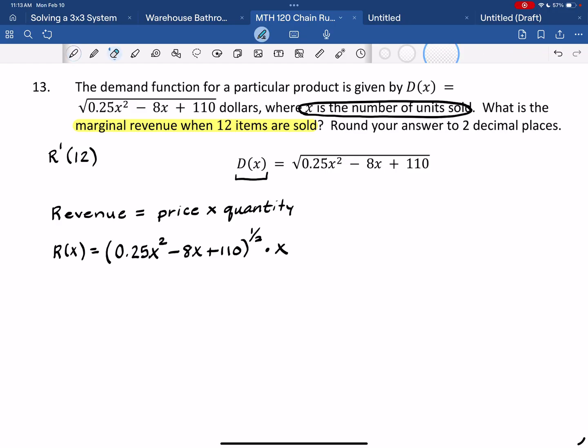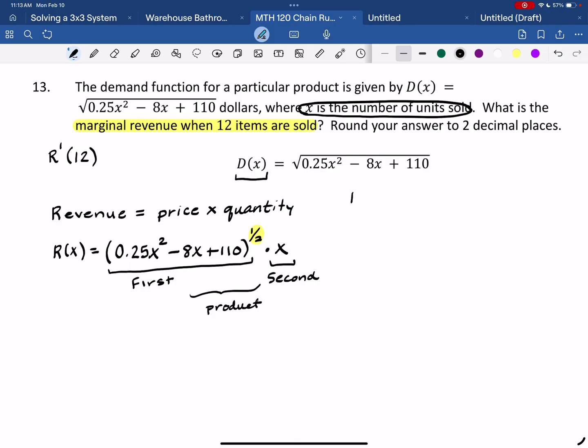Now, because of this power, we cannot distribute the x throughout that expression. So what we have here is a product rule. Our first function is that demand function, and our second function is this quantity function. I'm going to have to use a product rule because these two things are being multiplied.